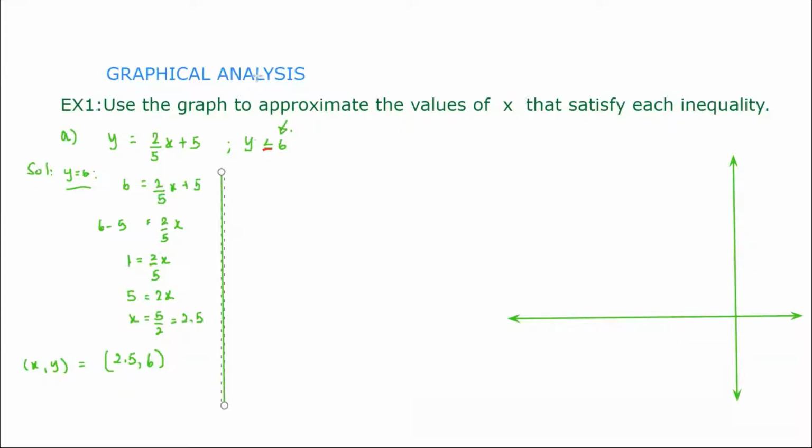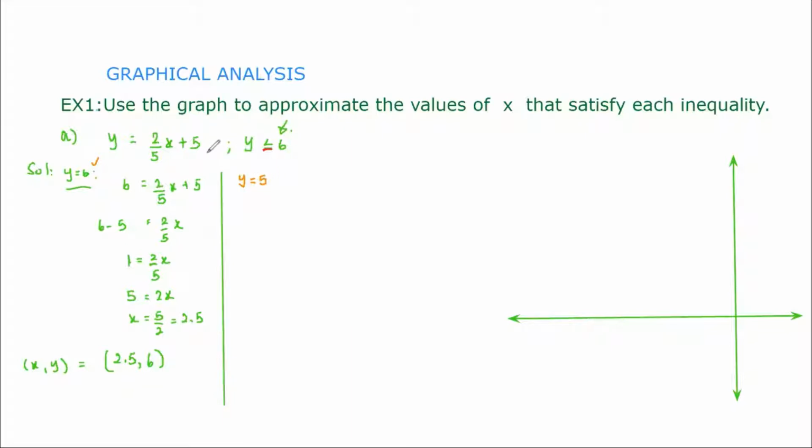Next one: y equal to 6, but because they say less than or equal to 6, you start from 6. Next you can pick any number less than 6, like 5, 4, 0, -1, -2, and so on, up to you. I will pick y equal to 5.